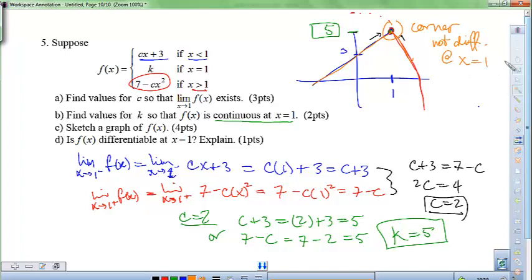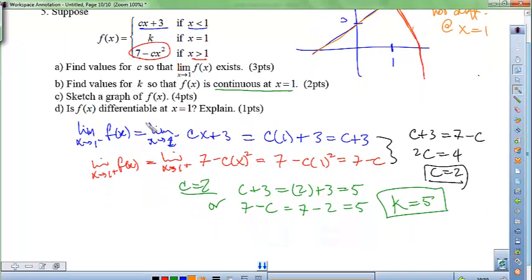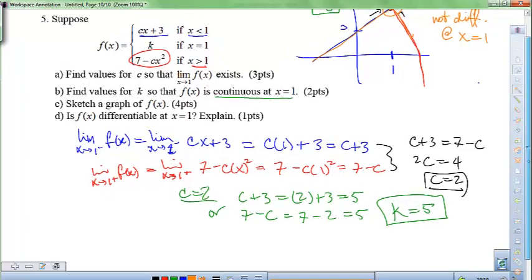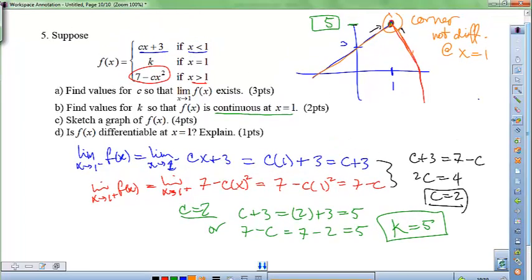But we can also be analytic about it. We can do that by taking the derivative of this, taking the derivative of that, and at 1 it should be the same. Since at this point we haven't really taken too many derivatives yet, we're going to do that in great detail in chapter 3. I'll just leave it as is and say because it's a corner, it's not differentiable.